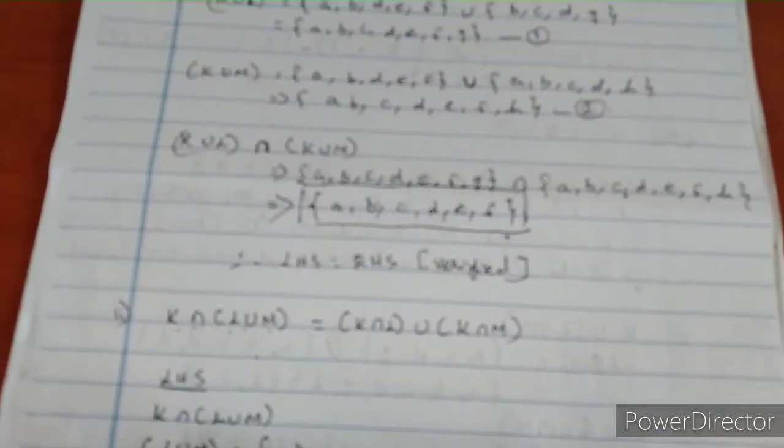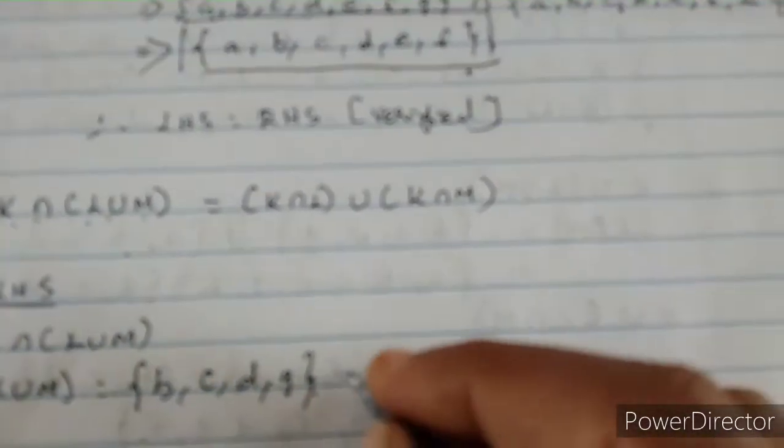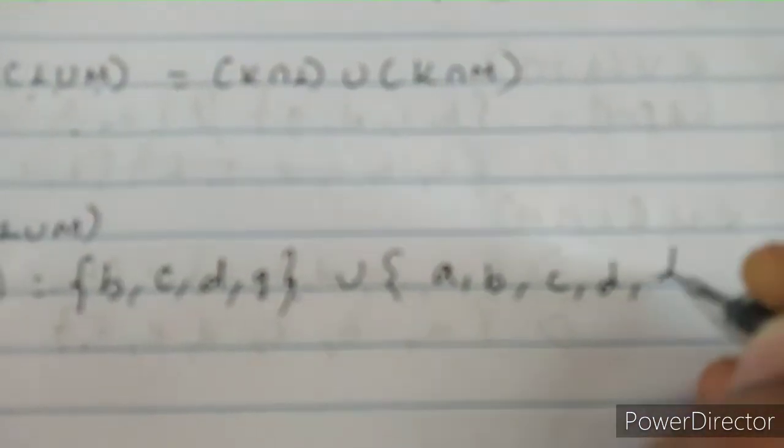First find out your left hand side, K intersection L union M. First find out L union M. Elements of L are B, C, D and G. Union elements of M are A, B, C, D and H, which is equal to A, B, C, D, G and H. Now K intersection L union M. Elements of K are A, B, D, E and F, intersection A, B, C, D, G, H. Intersection means elements which are common in both the sets.